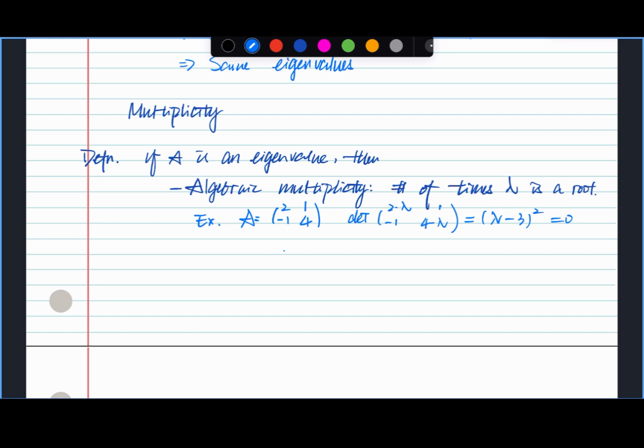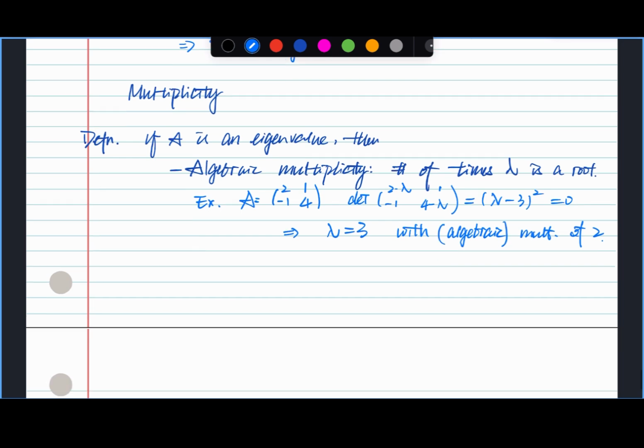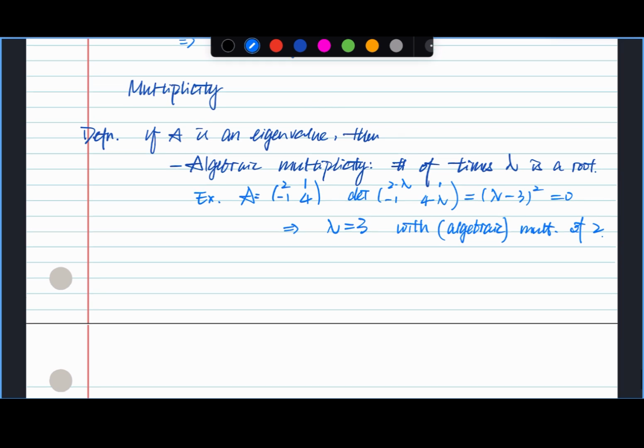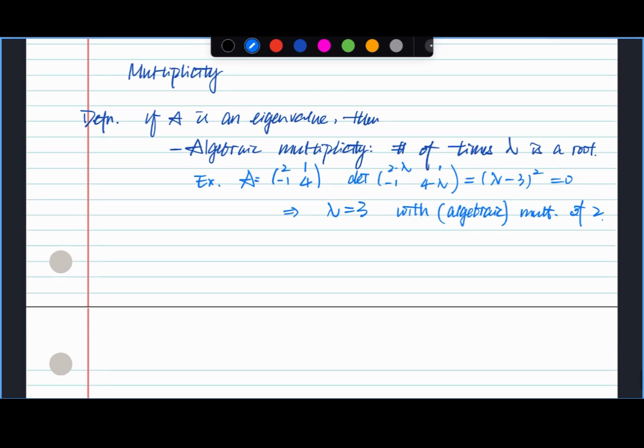So in this case, we have lambda equals 3 with a multiplicity of 2. If we just talk about multiplicity without saying whether it's algebraic or geometric, then we think of it as the algebraic.